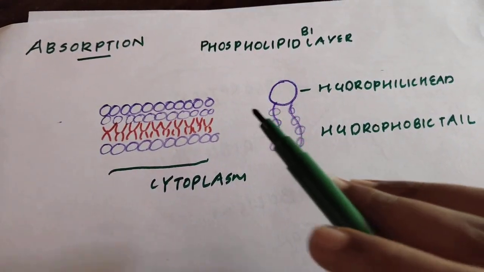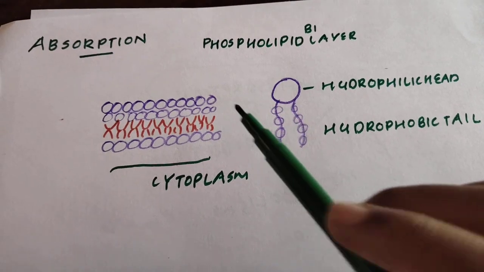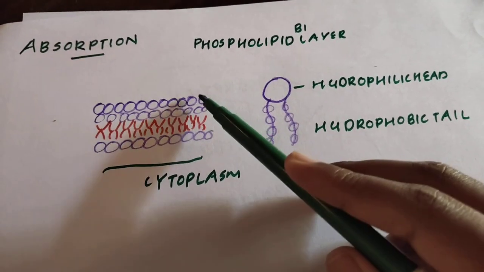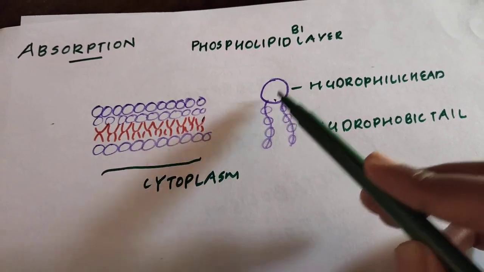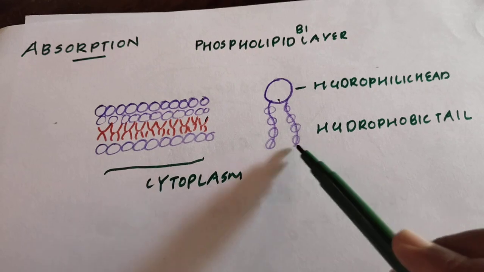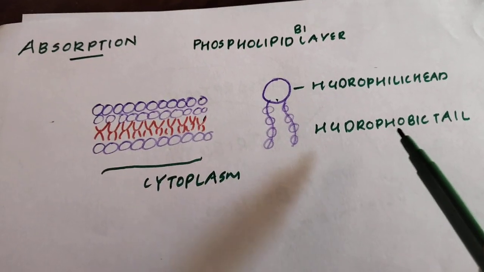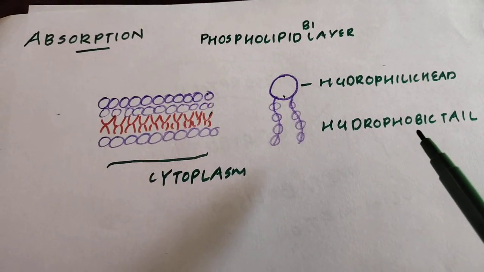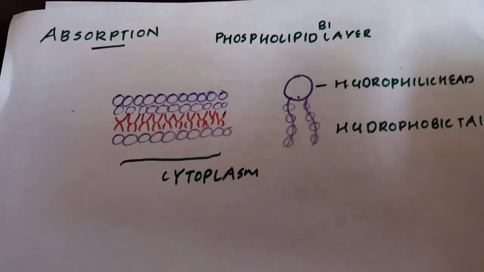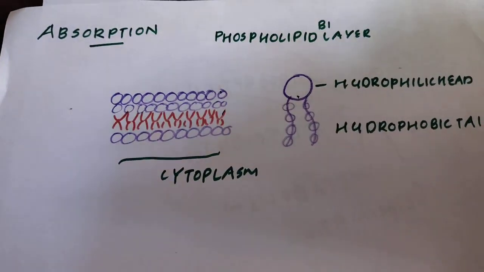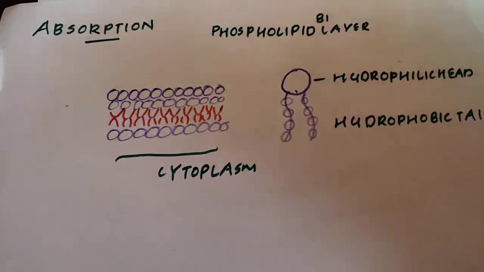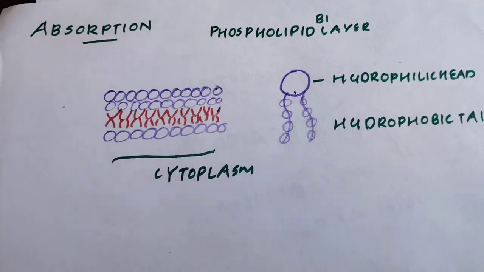Anything related to bi or di means two layers. The head portion is hydrophilic, meaning water loving, and the tail is hydrophobic, meaning afraid of water, and this portion is the cytoplasm. You should understand that our cell membrane consists of a phospholipid bilayer.